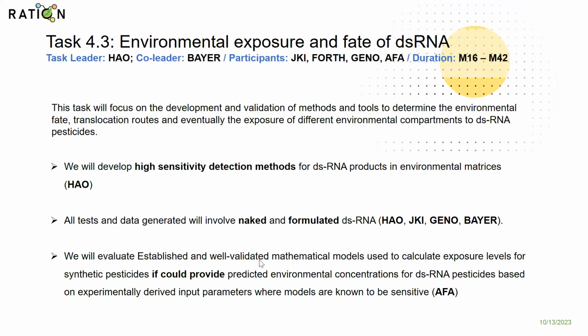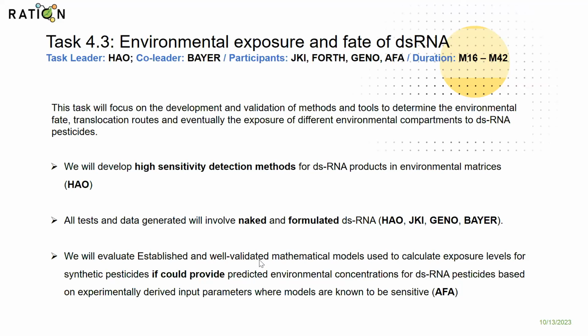The third task will focus on the development and validation of methods and tools to determine the environmental fate, translocation routes, and eventually the exposure of different environmental compartments to double-strand RNA pesticide. Here we will develop a high-sensitivity detection method for double-strand RNA product in environmental matrices such as soil and water, and all tests and data generated will involve two double-strand RNAs, a naked one and a formulated one.